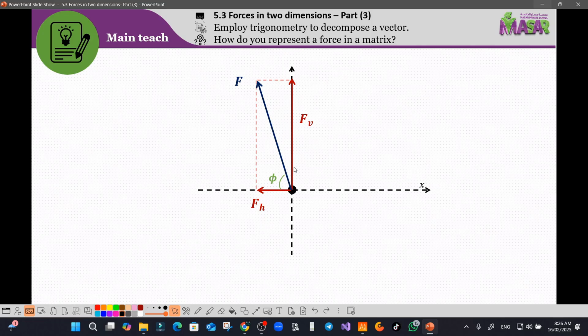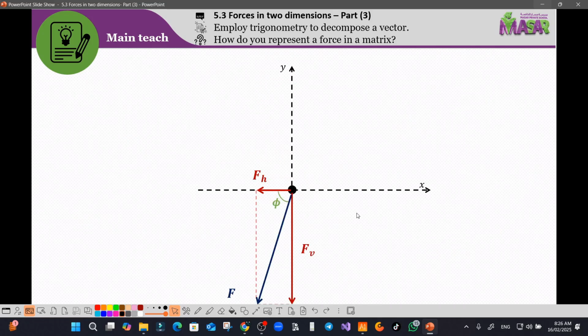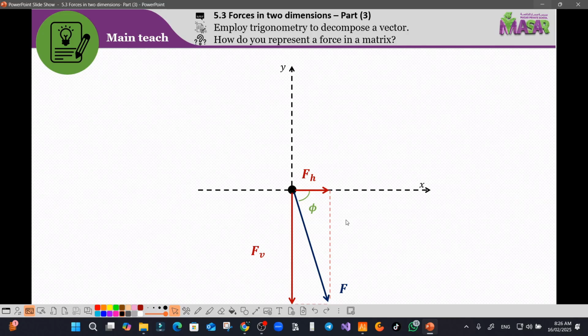Then F v is positive and F h is negative, since F v is upward and F h is leftward. In the third quadrant, both F h and F v are negative because leftward and downward. And finally, in the fourth quadrant, F h is positive and F v is negative because F h is rightward and F v is downward.